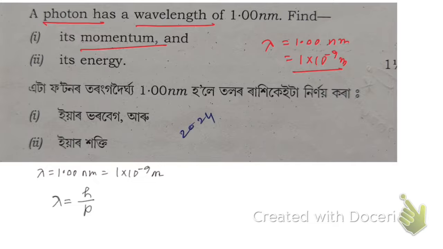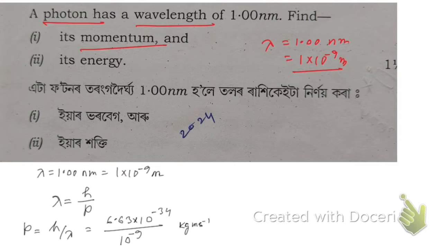So here the momentum P must be equal to h by lambda. So h is 6.63 into 10 to the power minus 34 divided by lambda, 10 to the power minus 9. So here it is momentum, so kg meter per second, right?